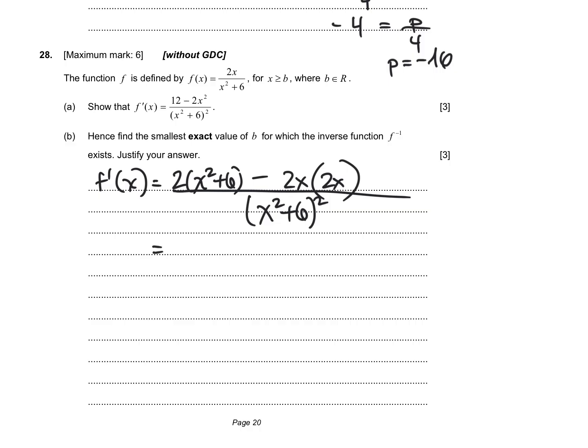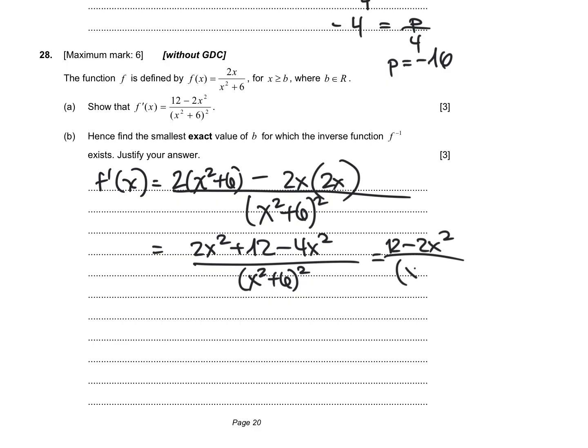So this is 2x squared plus 12 minus 4x squared over (x squared plus 6) squared. So that's negative 2x squared plus 12, or 12 minus 2x squared, over (x squared plus 6) squared. Hence, find the smallest exact value b for which the inverse function exists. Okay, so we would set this equal to 0.